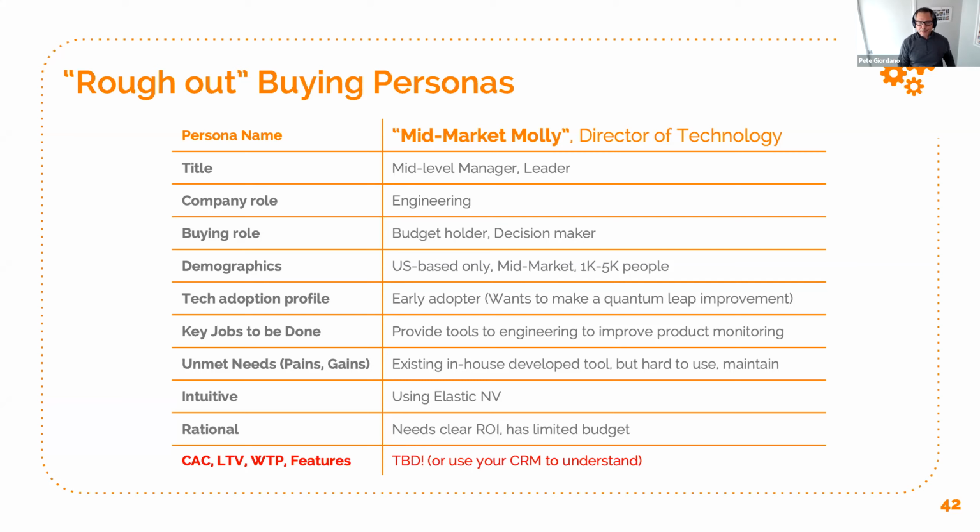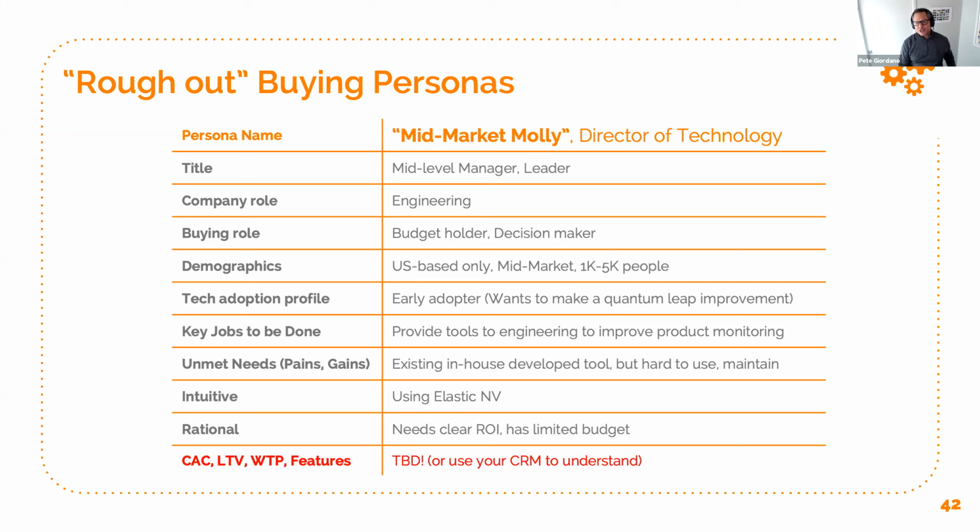US-based mid-market. She's got an early adopter profile. She wants to make a quantum leap improvement, right? And her job, or at least right now, one of her top 2 priorities is getting better tools to engineering. They've got an in-house product, but it's hard to use and maintain. They're currently using products like Elastic for search and for some logging.